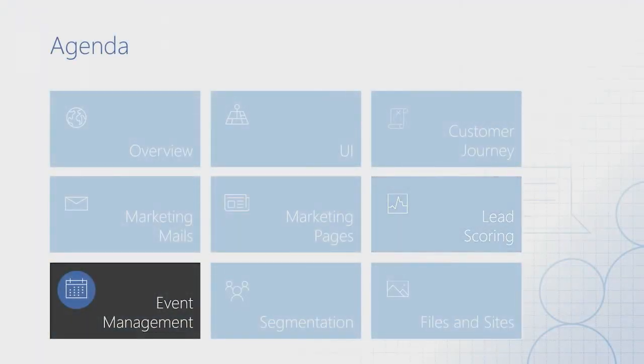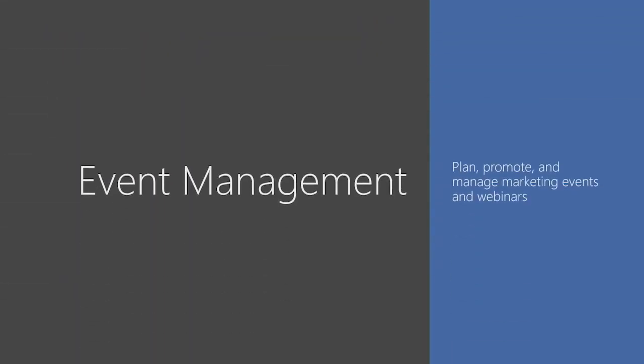One of the very, very well received modules in this app is the event management module. That lets you plan and promote events and lets you publish these events to the portal that we give you with the marketing app.